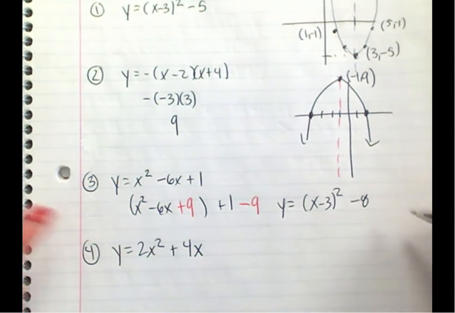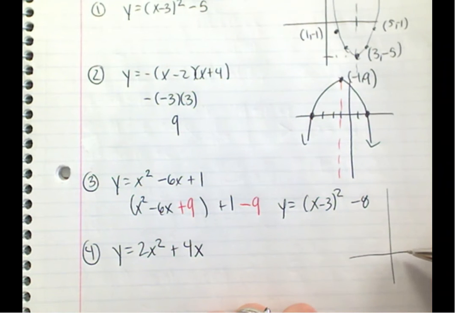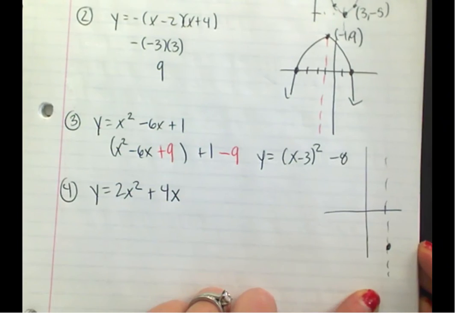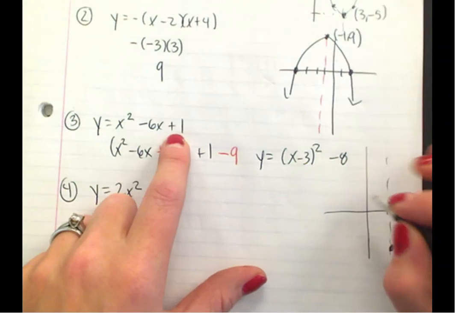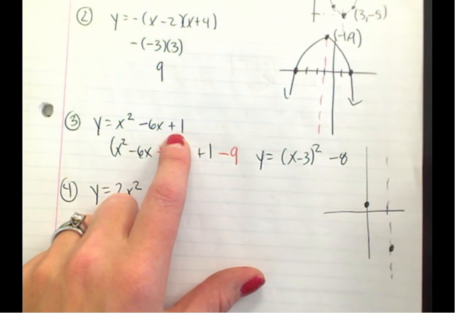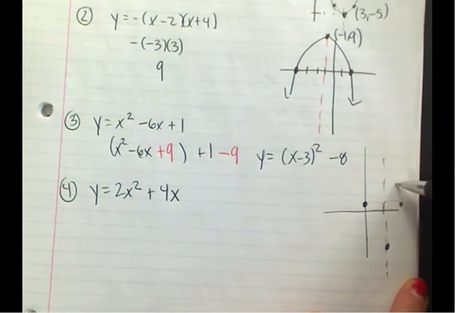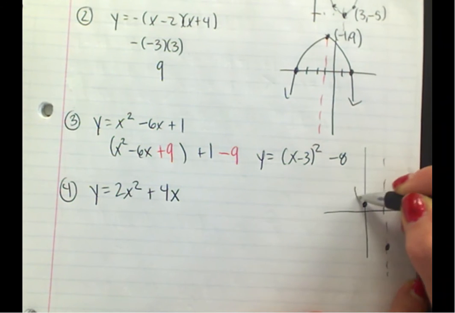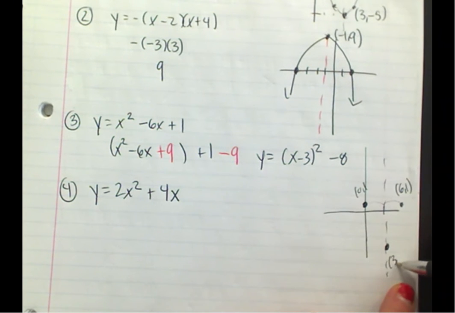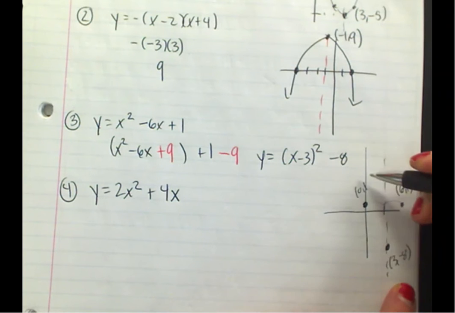That's an equation, and it's right 3, down 8. Now, there's my axis of symmetry. However, I also know the y-intercept is 1. Then I plot 6, 1, 0, 1, 3, negative 8.